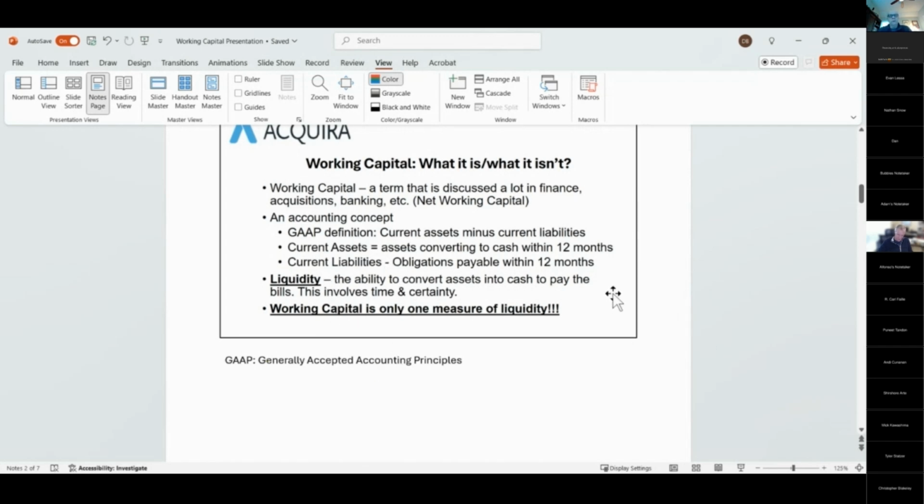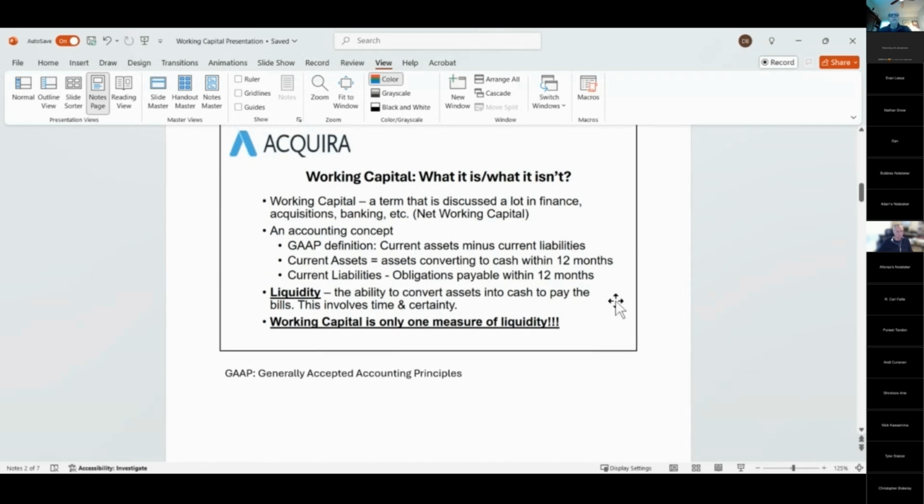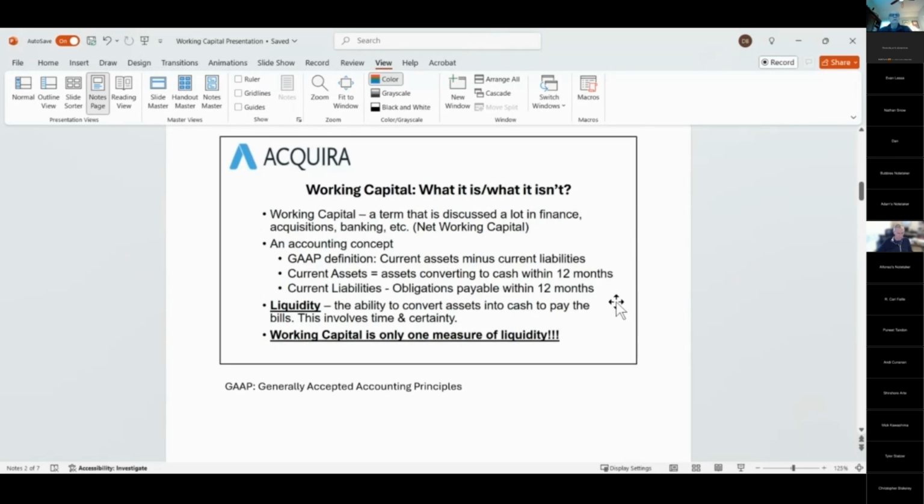And this is just a simple accounting term, or a couple of terms, assets and liabilities. The key thing, though, the important part of this is liquidity. And that's the ability to convert your assets into cash to pay your bills. And that involves time and certainty. So it may take an asset, say inventory or a receivable, some time to convert. It takes you a while to collect it.